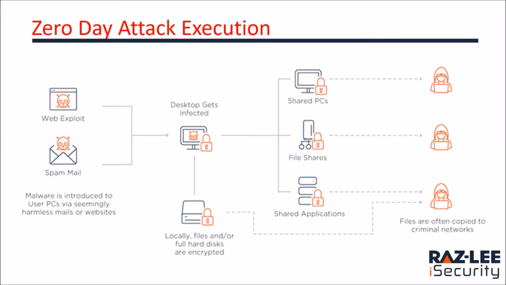And then it must have access to the network. So when this zero-day exploit knows that there is a hole in the network also, it will go to the shared PCs, the file shares, the servers, and the shared applications, and everything will be copied to criminal networks, because later they will sell this information or ask for a ransom.